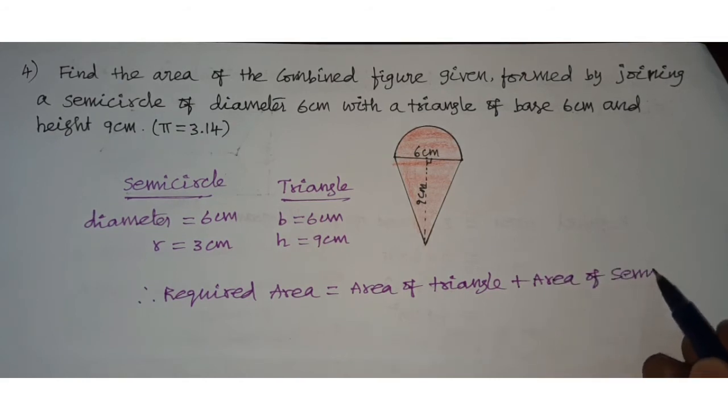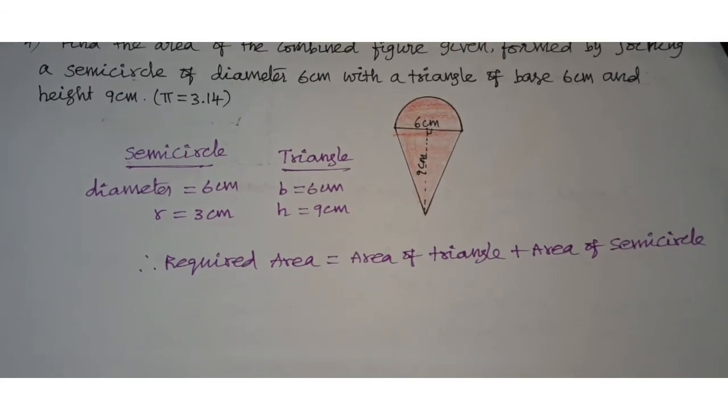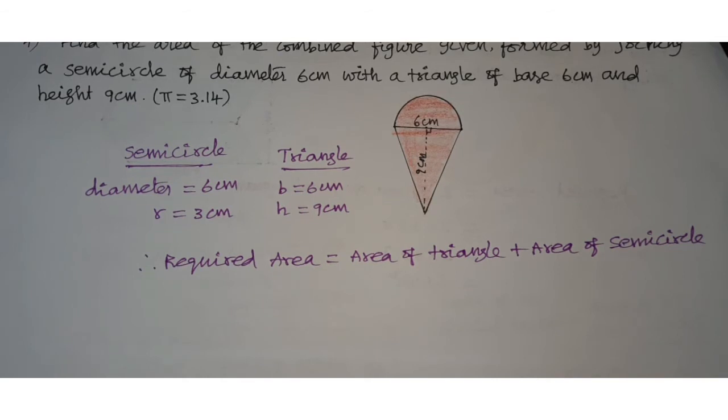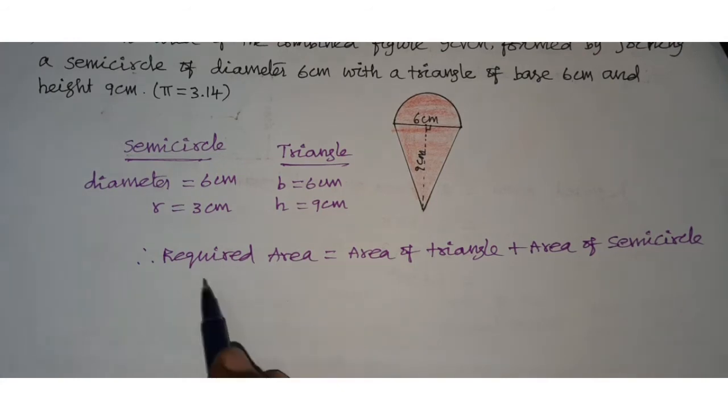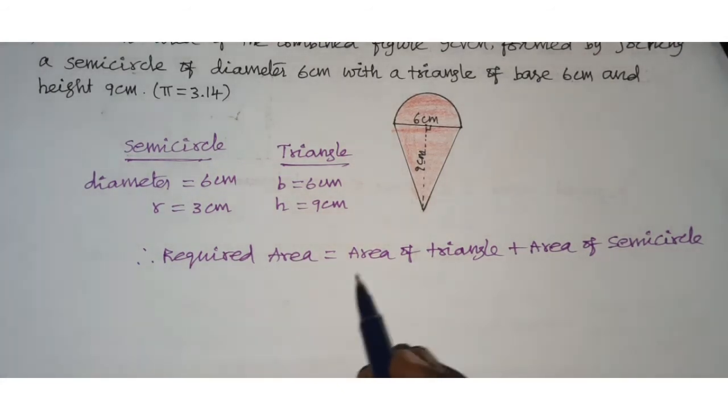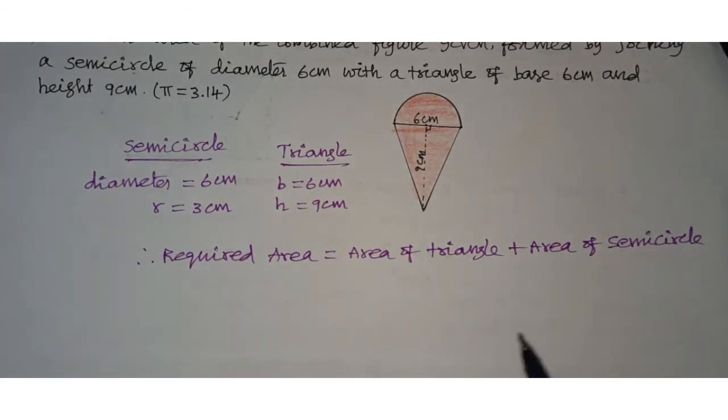We can find separately and then finally add. Okay, if you want to find separately, you find separately and then finally add. Otherwise first we can write required area equal to area of triangle plus area of semicircle.